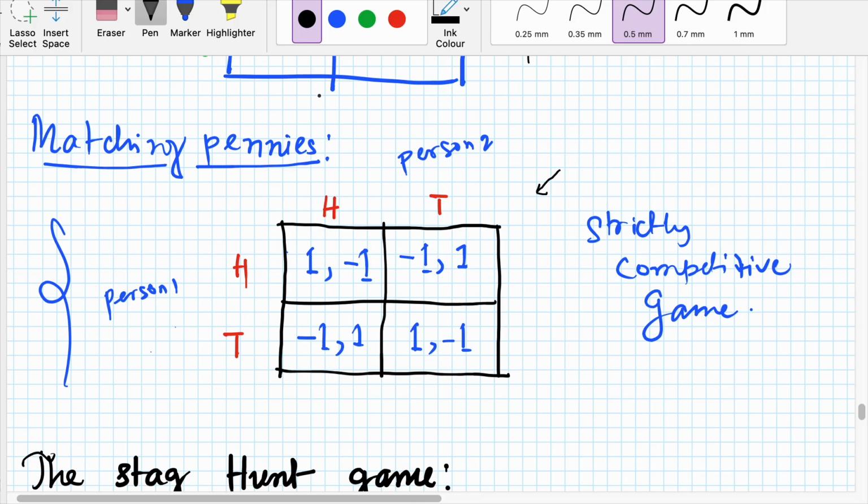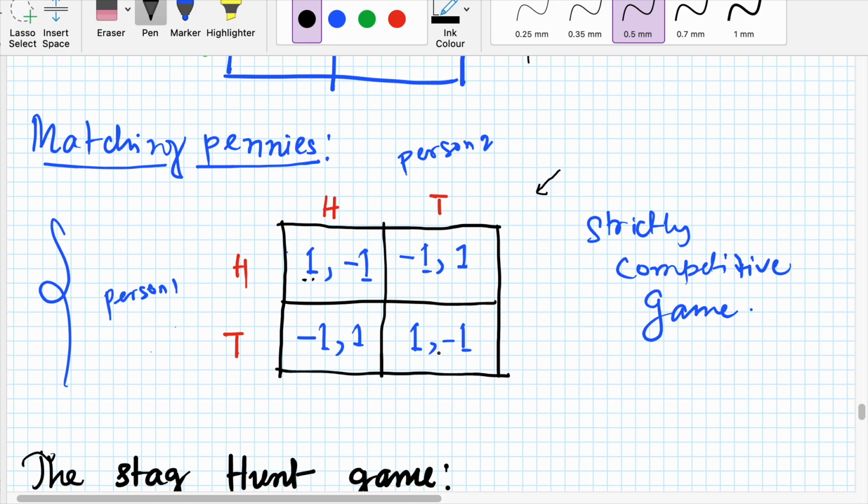The payoff structure is such that if both of them show the same face of the coin, then player 2 gives player 1 one rupee, so player 2's payoff is -1 and player 1's payoff is +1.